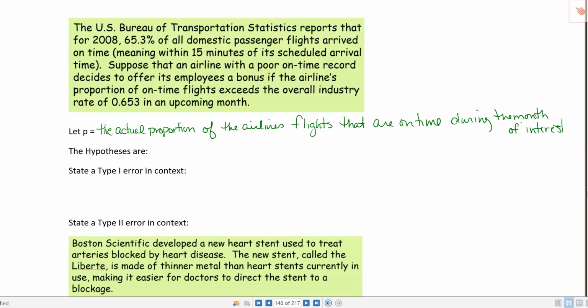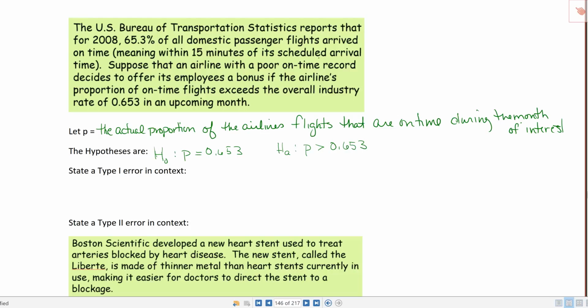Okay. So our hypothesis would be the null hypothesis is that that proportion is 0.653. The alternative hypothesis is that the proportion of flights would be greater than 0.653, right?